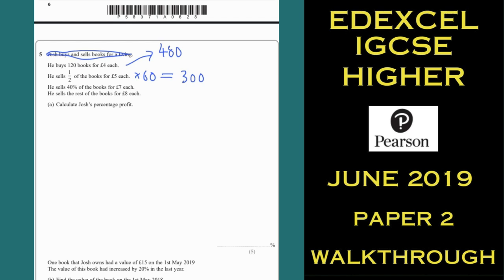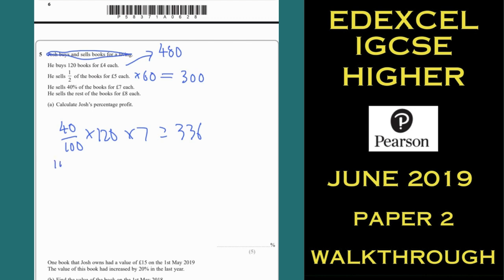40%, I'll go down here, so 40% of. Of means times of the 120 books sell for £7 each. That's £336. He sells the rest. Well, a half is 50%, 40% gone.